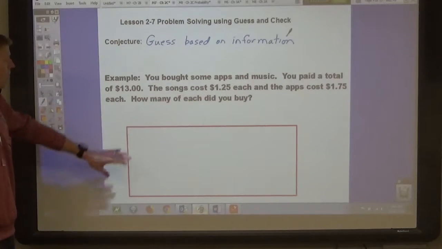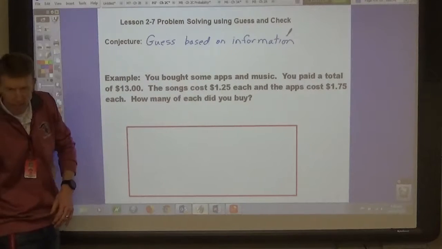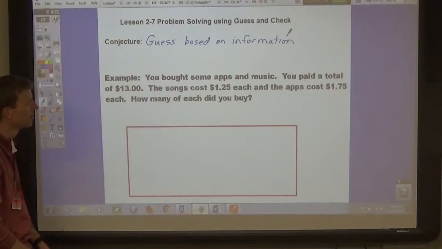So, I have a box here, and this is going to be our table. What we'll do is set up a table to keep track of our guesses.